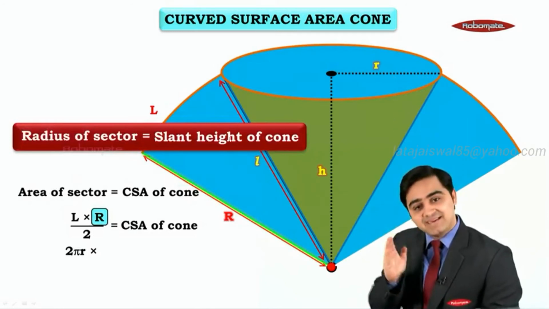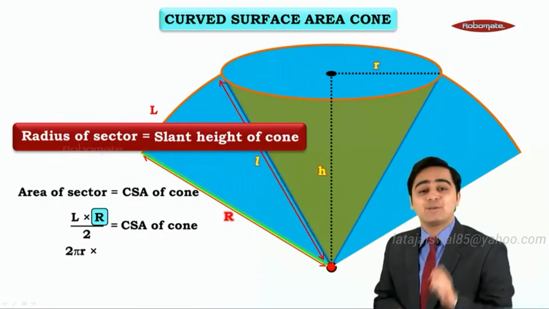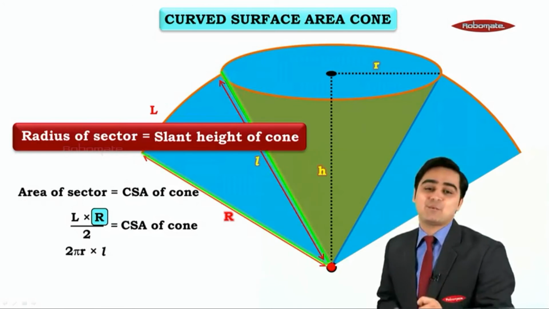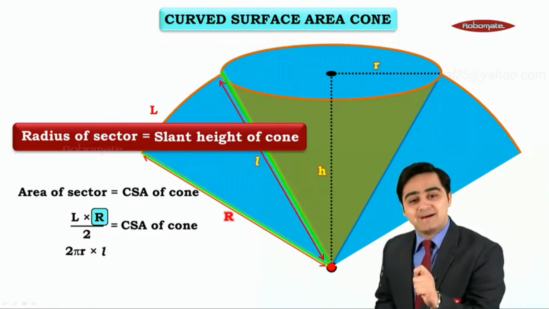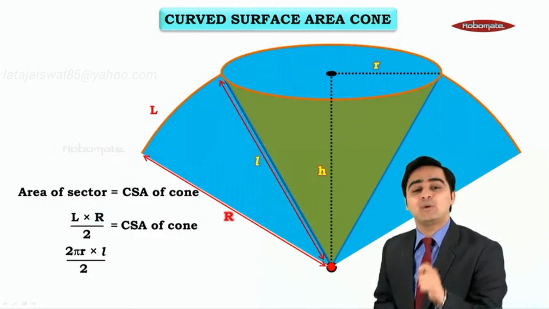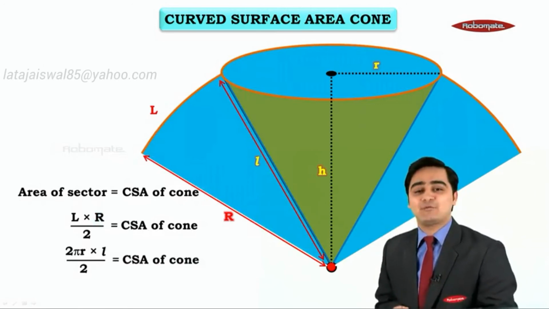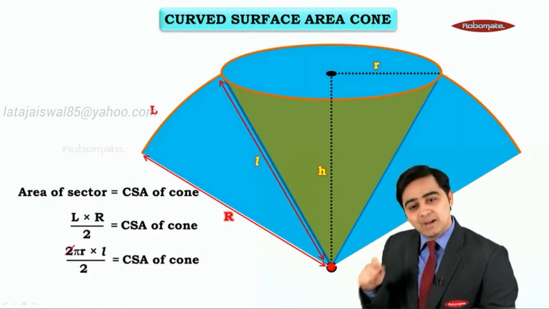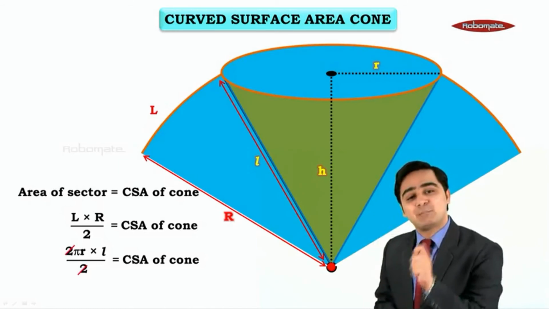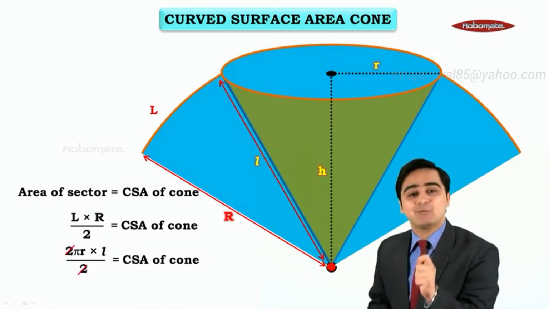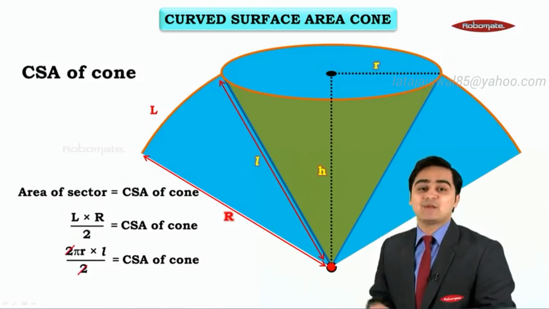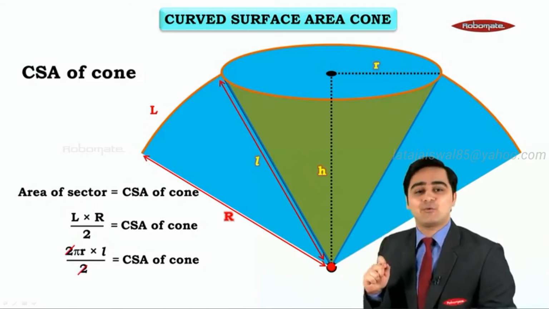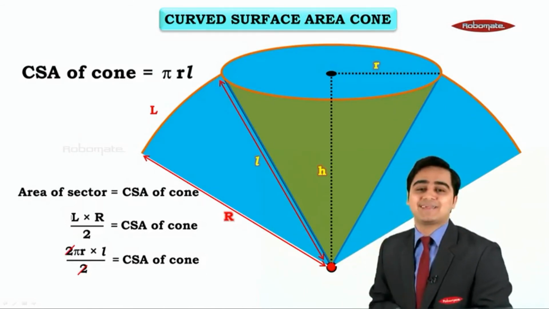So in place of radius, we will replace small l. So we have 2 pi r into small l upon 2 equal to curved surface area of cone. Now we can cancel 2 and 2, so we are left with pi r into l. Therefore, the curved surface area of a cone is equal to pi r l.